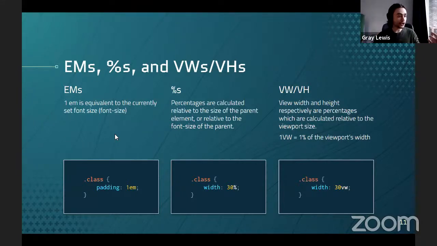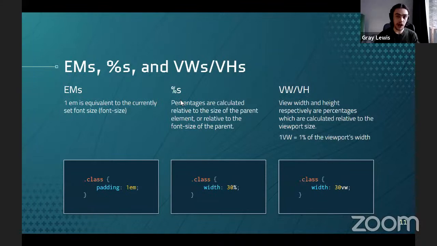These are 3 units that we can use in CSS to define distances, lengths, margins, anything that has to do with spatial, like the positioning or width, height, spatial values, right? We have EMs, which essentially just corresponds to the current set font size. So that's useful for when we want to do things like maybe add one space, the equivalent of one line of text between 2 elements.